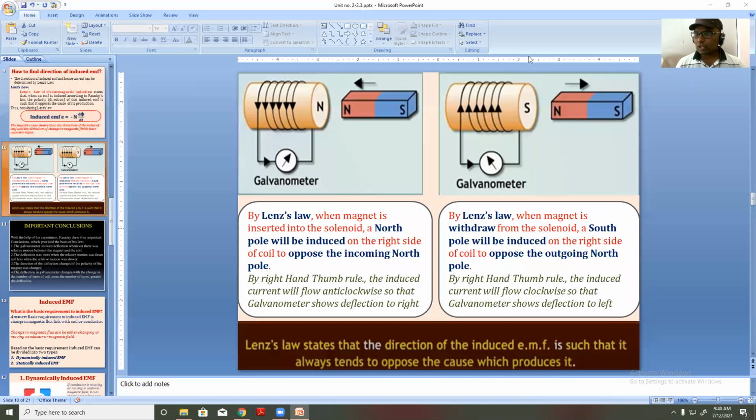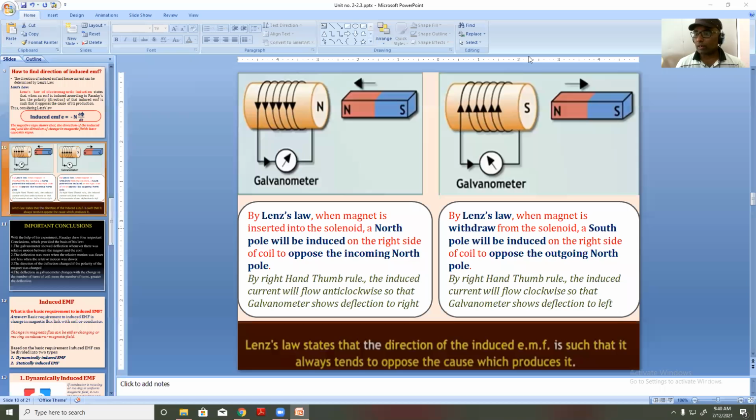Faraday gives two laws. The first is related to the basic requirement of an induced EMF, and the second is related to the magnitude of an induced EMF. Faraday's first law says that when there is a change in magnetic field linked with a coil or conductor, EMF is induced in that coil or conductor.